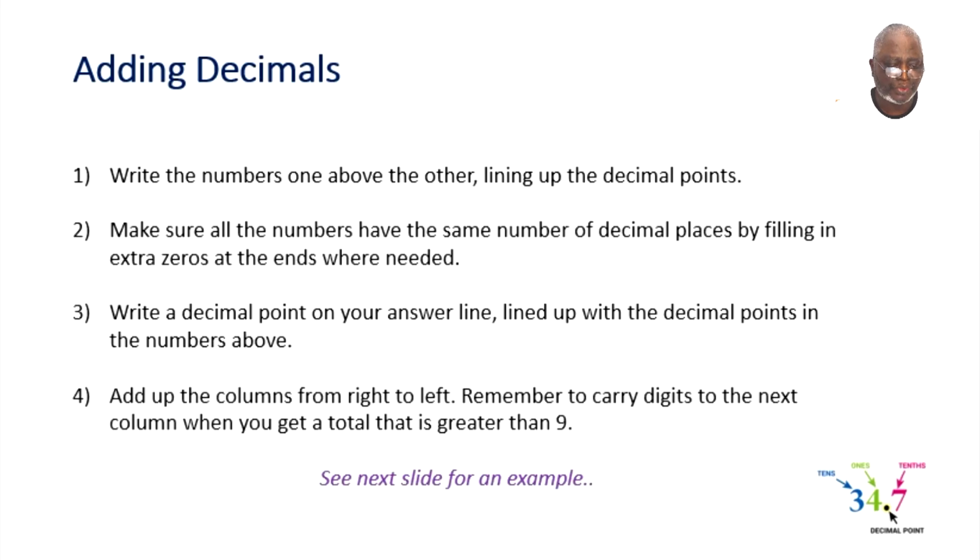Write a decimal point on your answer line, lined up with the decimal points in the numbers above. Add up the columns from right to left, and remember to carry digits to the next column, just as you would do for whole numbers. When it's greater than 9, you carry it to the next column.